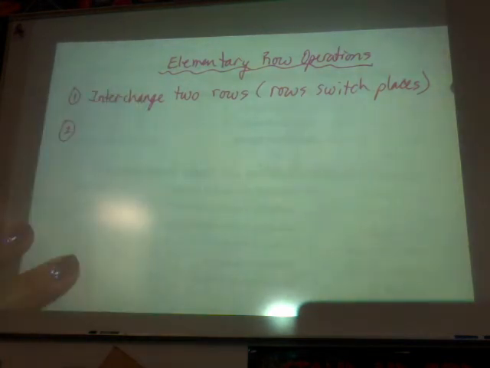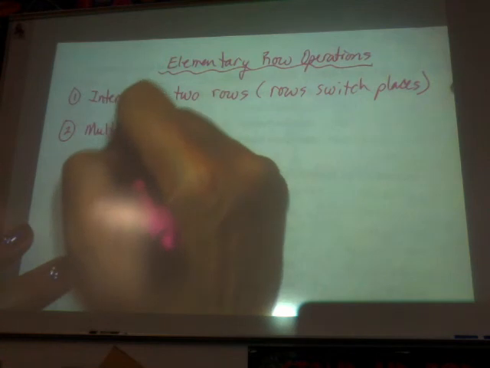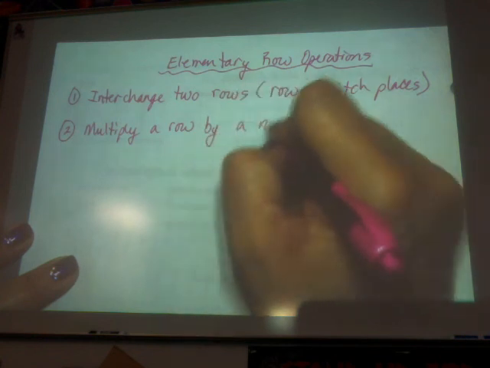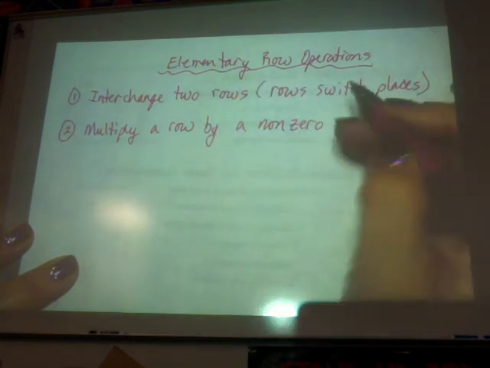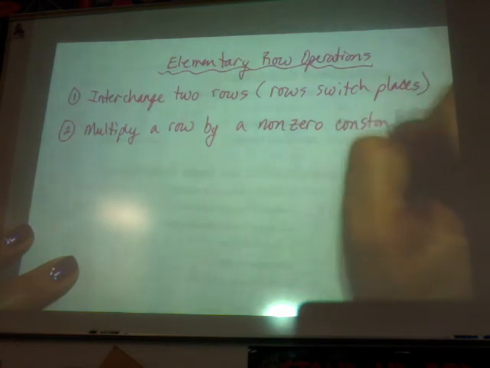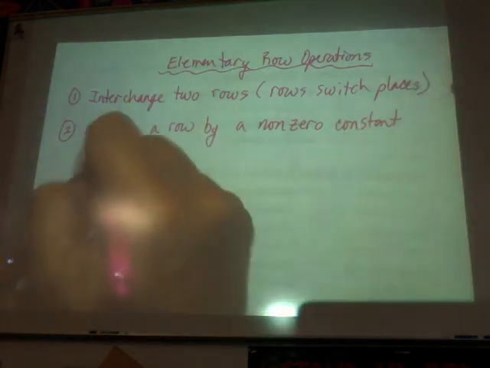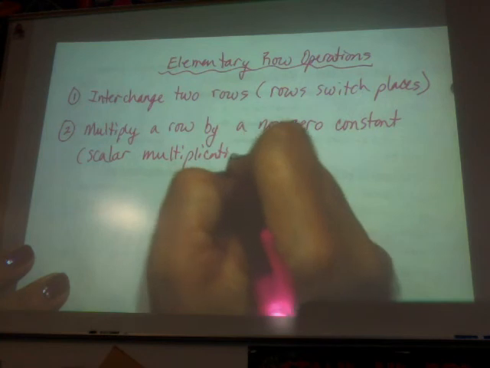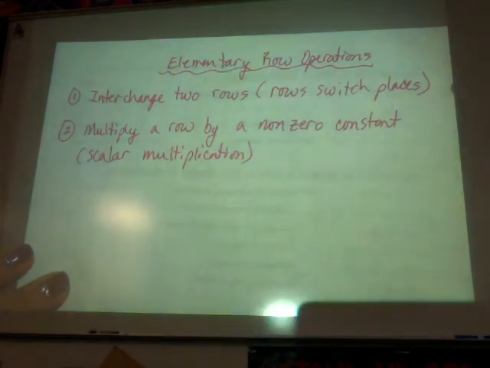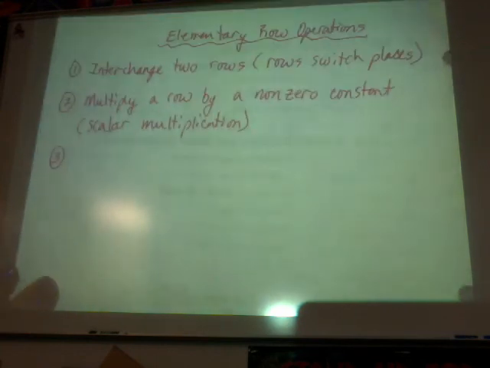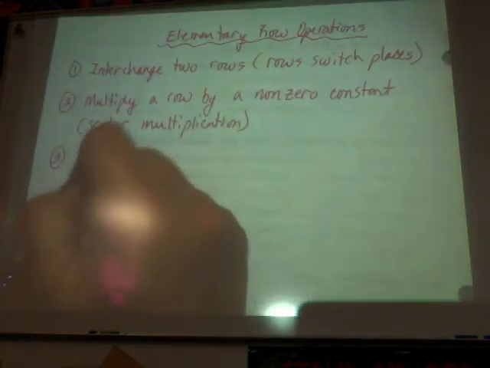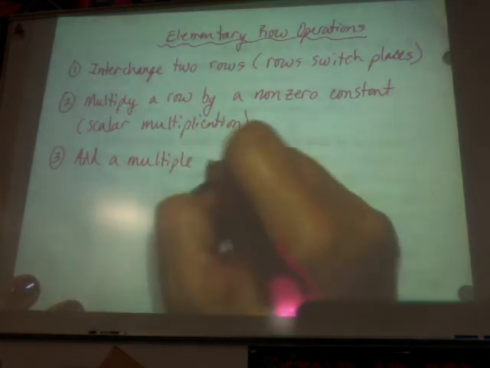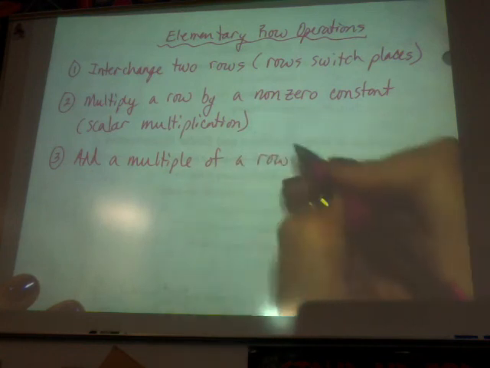Something else that you might do is multiply a row by a non-zero constant, which would be scalar multiplication. Or three, you might add a multiple of a row to another row.